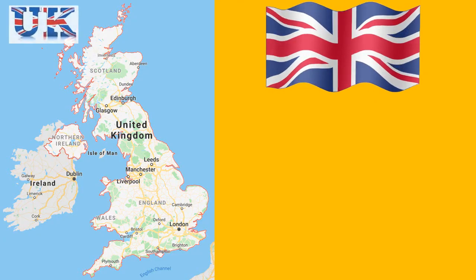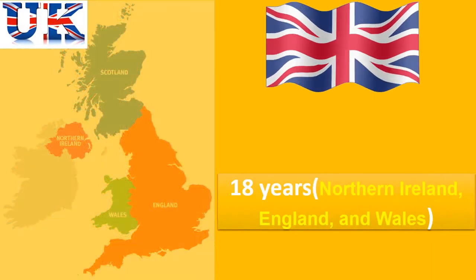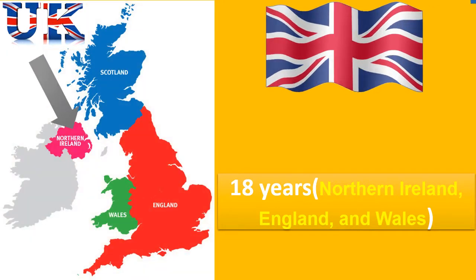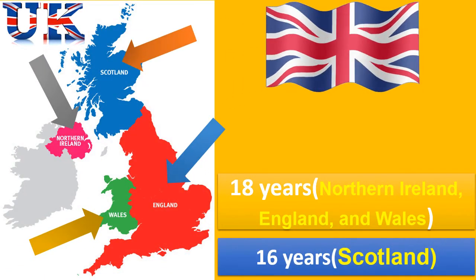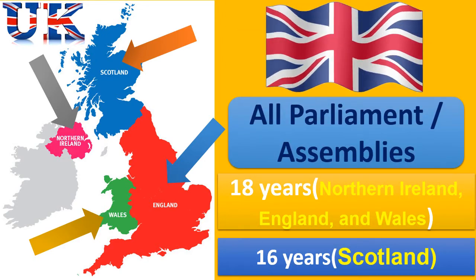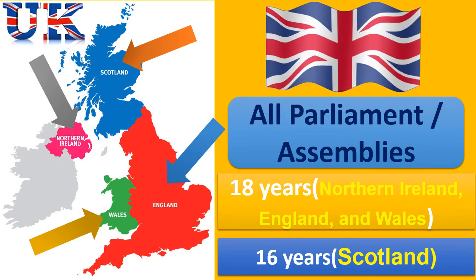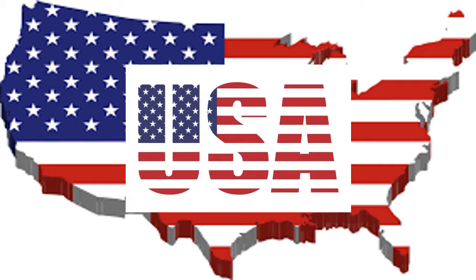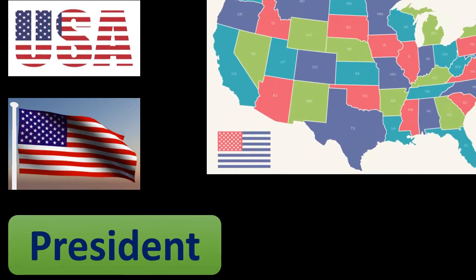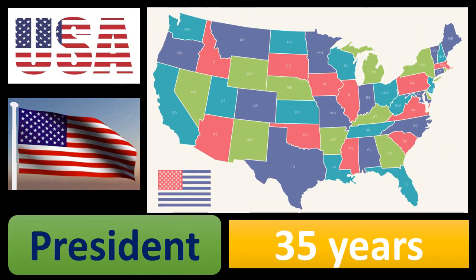In the United Kingdom, a person must be aged 18 or over in Northern Ireland, England, and Wales, and 16 or over in Scotland to stand in elections to all parliaments, assemblies. For presidential elections, the minimum age required is 35 years.